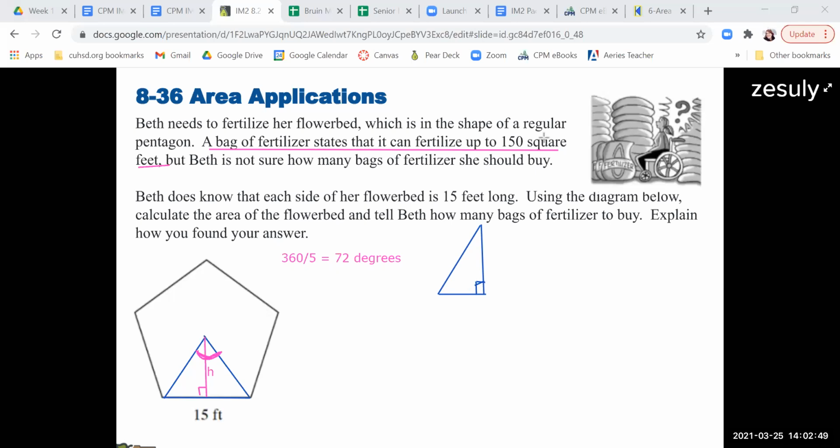And then we're trying to find H. Remember, this is the side we don't know. We know the full length of the bottom of this triangle in the original diagram is 15, which means that this little edge here would have to be 7.5, which is half of 15. So that bottom length of this half triangle is 7.5.